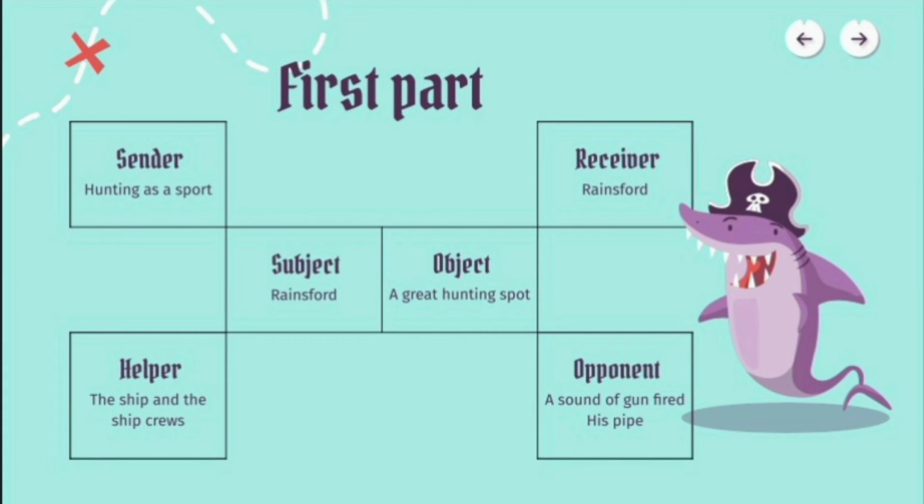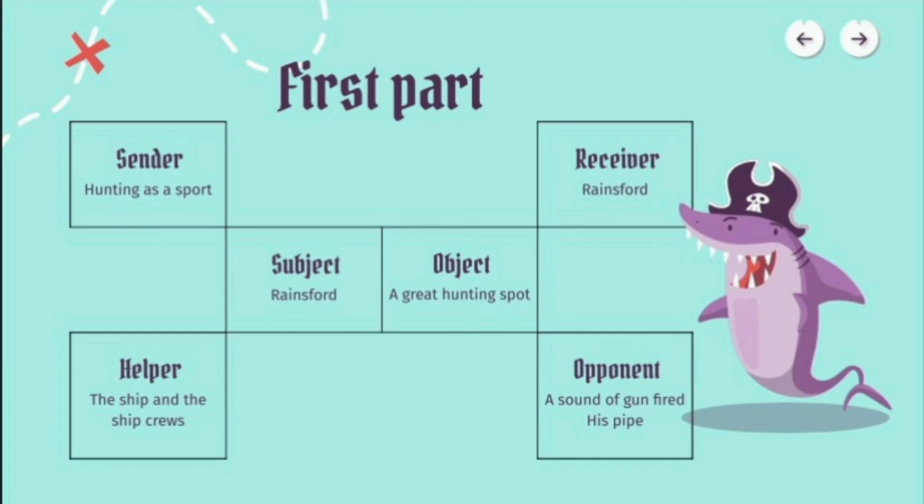The diagram shows Rainsford as the subject or the active element in the story, considering he is the one that has goals or object in search for a great hunting spot. The objective was created because there is the sender as the motivation to push him to get into the great hunting spot, and it is his hobby, treating hunting as a sport.